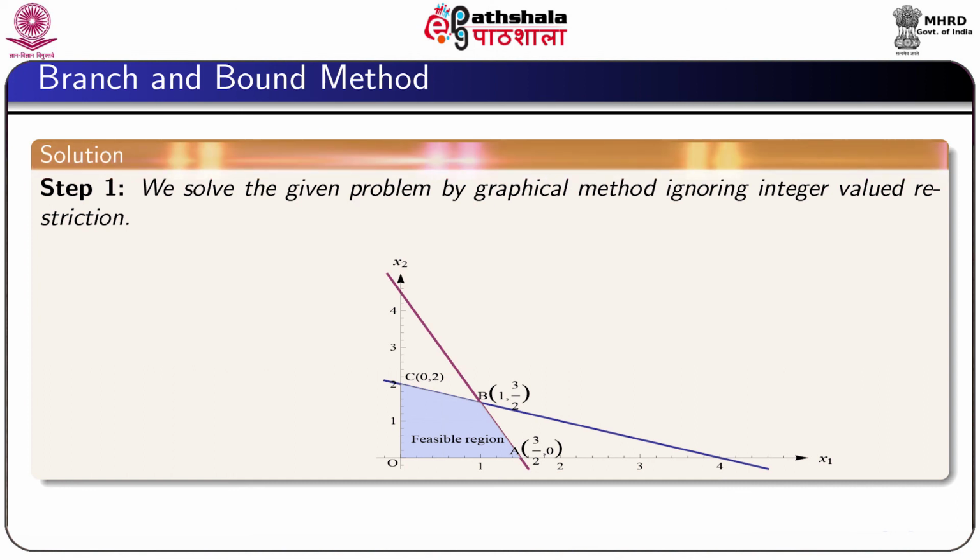The slide shows the feasible region O, A, B and C, and the extreme points of the feasible region are (0, 0), (3/2, 0), (1, 3/2) and (0, 2).